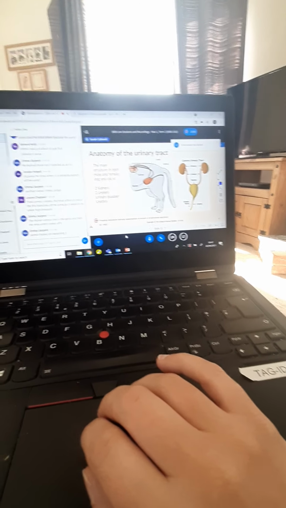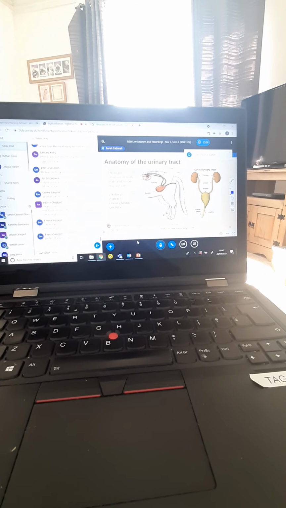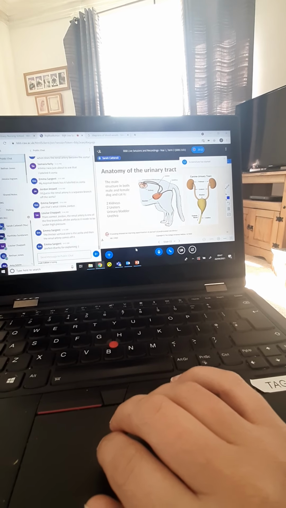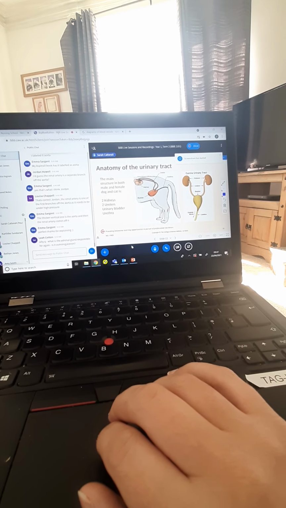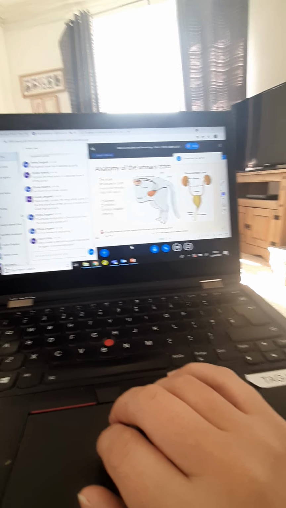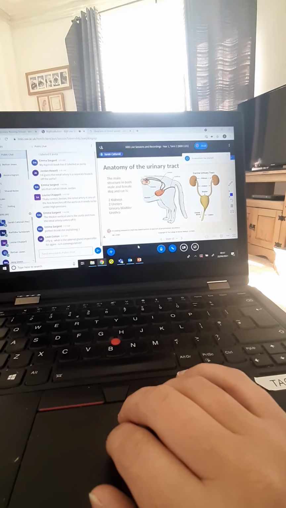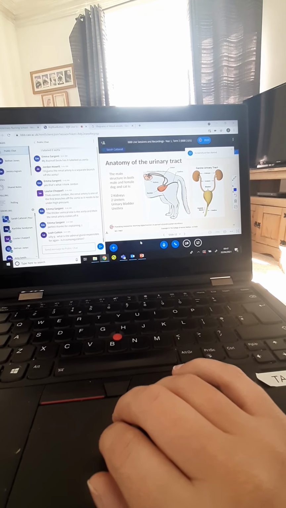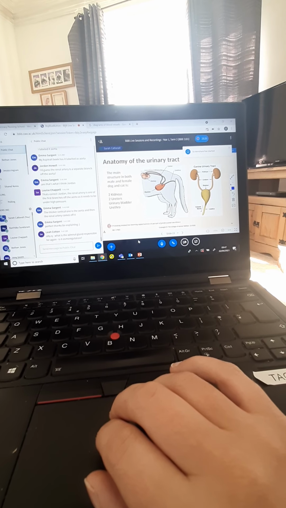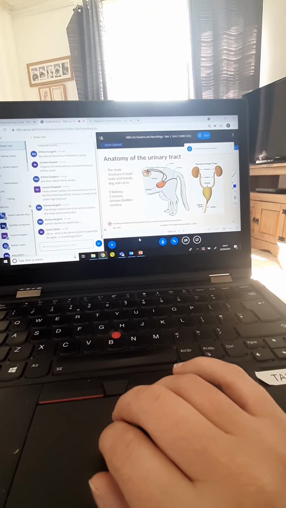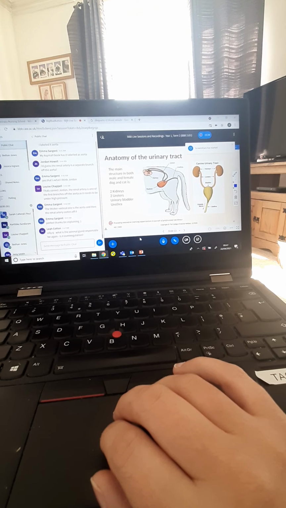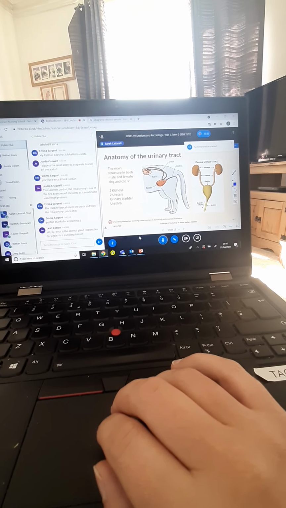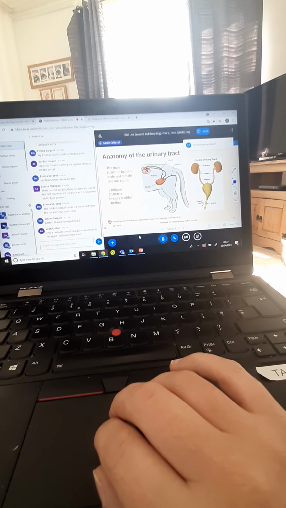Okay. The anatomy of our urinary tract. The structure is similar in both. The adrenal gland is the production of hormones, Leah. But it does link with osmoregulation as well.